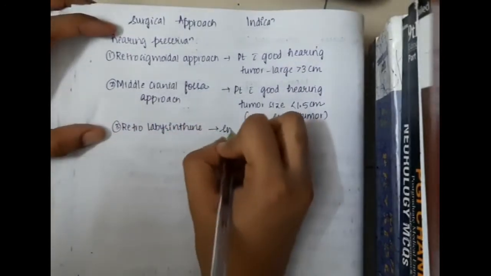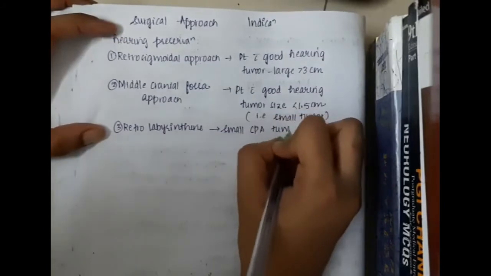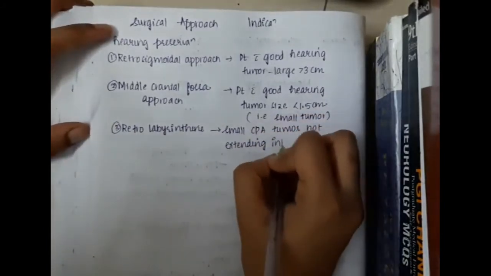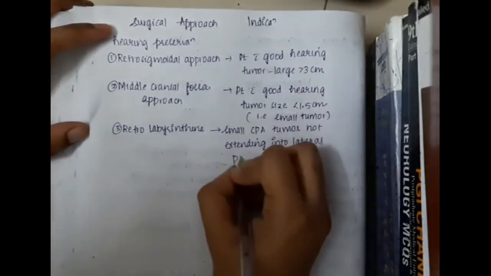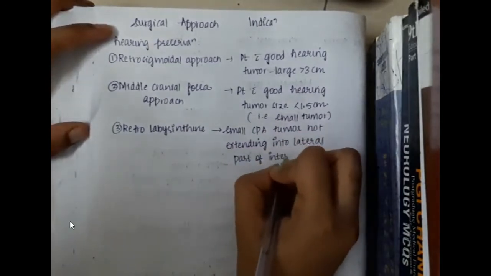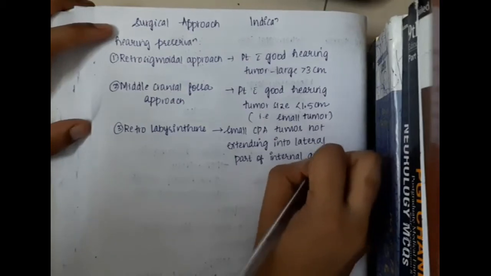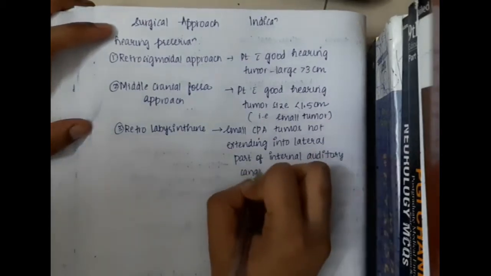Then the retrolabyrinthine approach can be done for small cerebellopontine angle tumors which are not extending into the lateral part of the internal auditory canal.